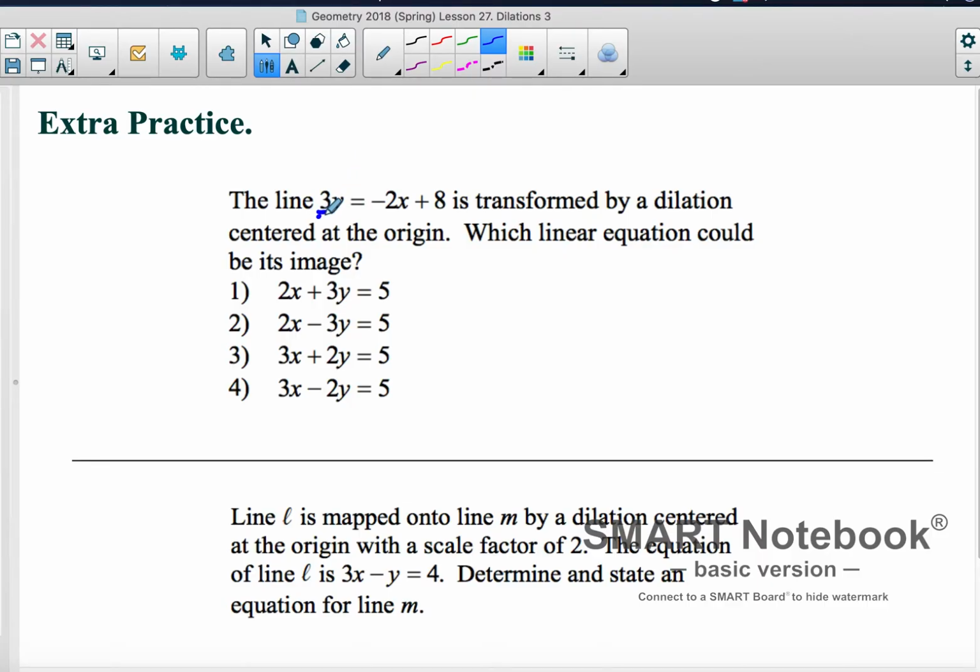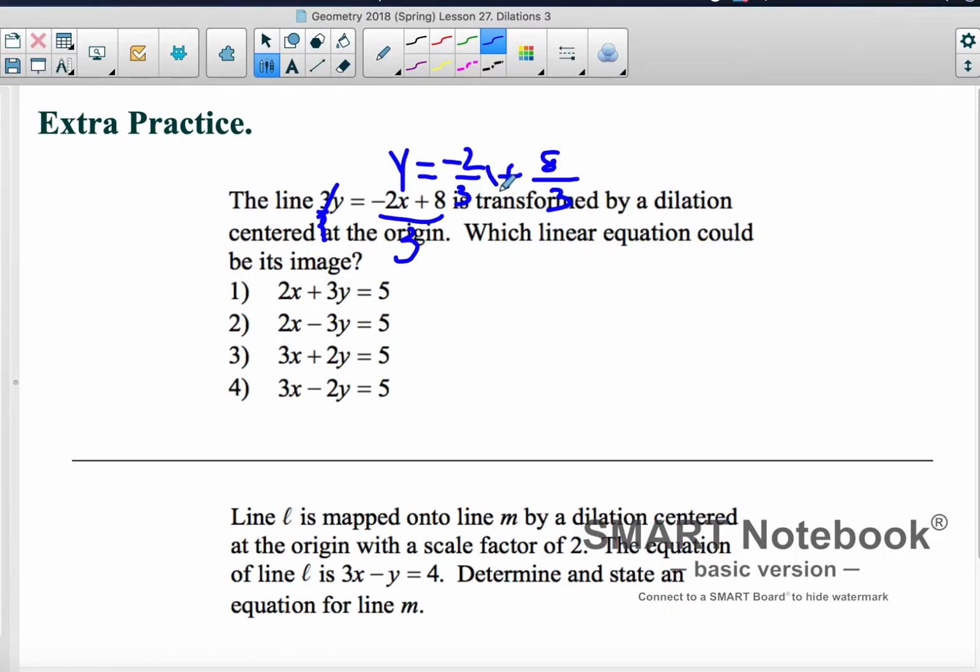So to do that, we would divide by 3 and divide by 3 again, and we'd be left with y equals negative 2/3 x plus 8/3.